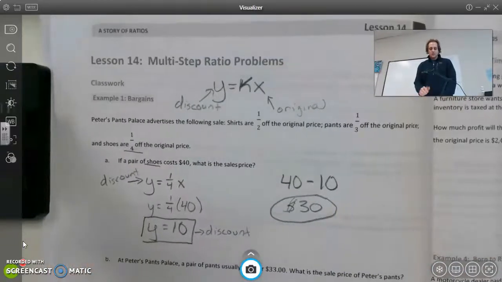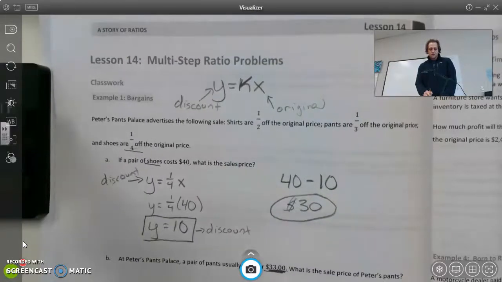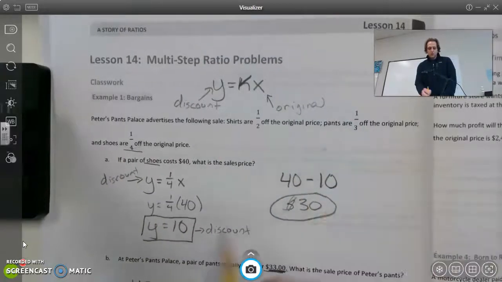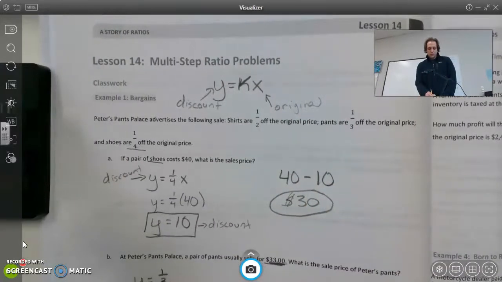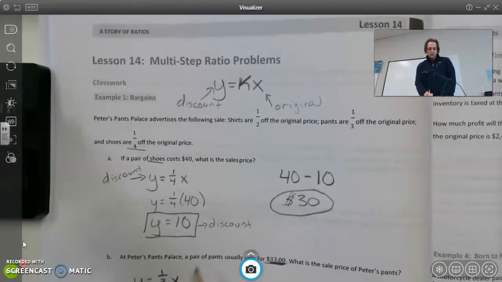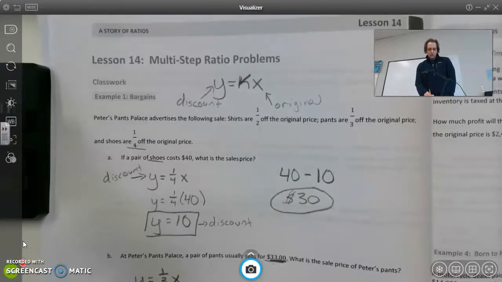Okay, let's check out B. It says a pair of pants usually sells for $33. So y is equal to, pants are 1/3 off of the original price, 1/3 x. This is the original price, so it is my x value. Plug in 33.